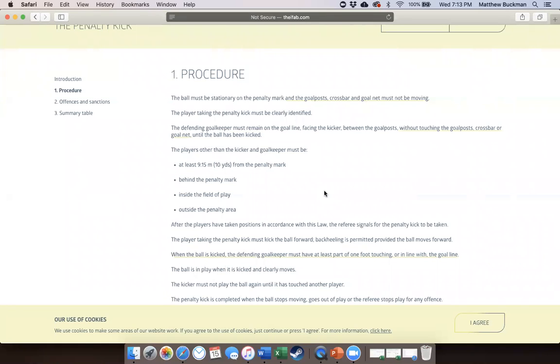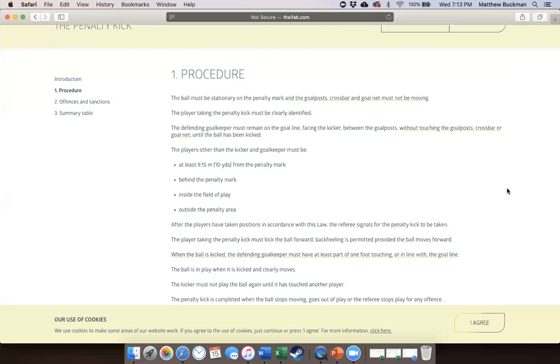First of all, the ball must be stationary on the penalty mark. And a new addition to the laws this year, the goalpost, the crossbar, and the goal net must not be moving. Perhaps if you're refereeing adult games or some bigger youth players, they might jump up and down and hit that crossbar. That will make it shake. It'll make the net shake. Those are all distractions.